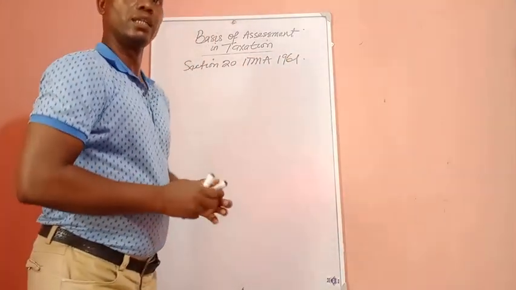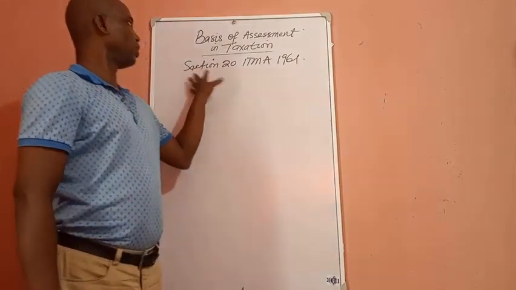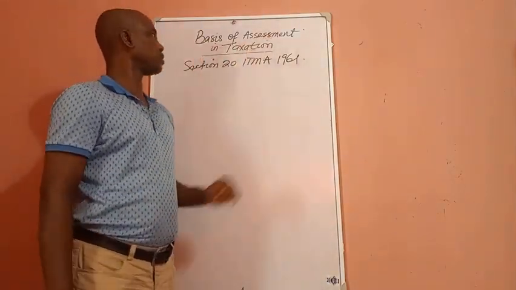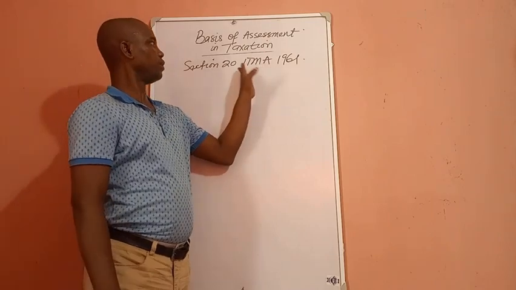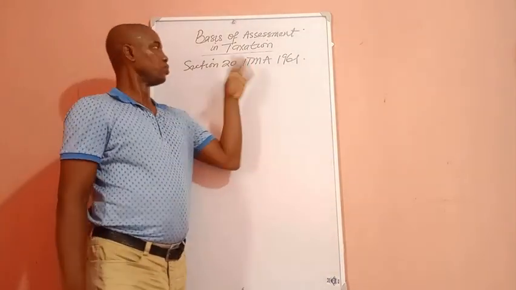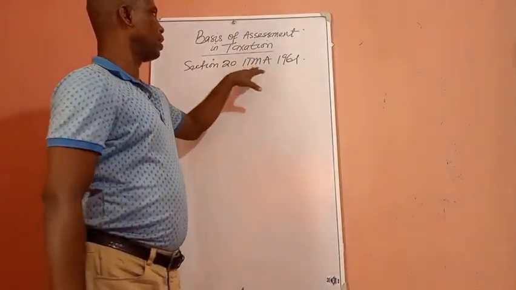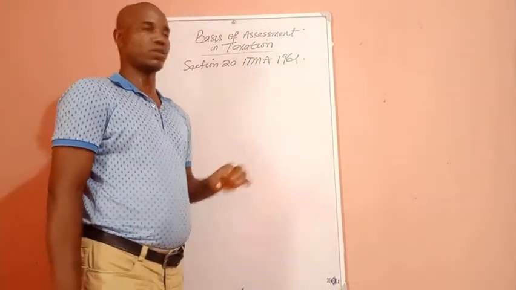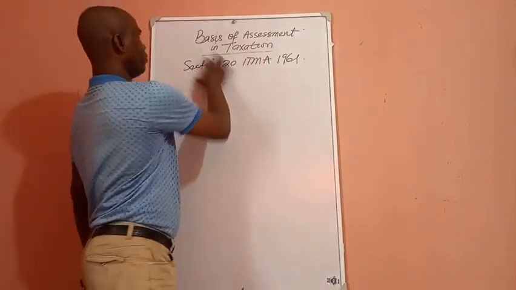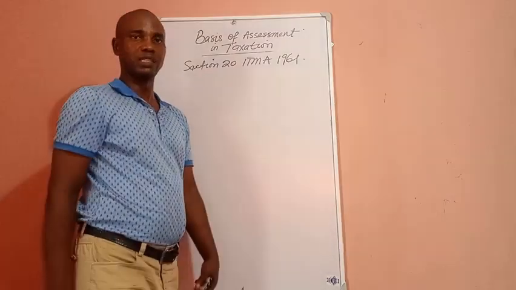This is where the tax authority established all the laws guiding basis of assessment. Section 20 of ICMA 1961. So what is ICMA? ICMA is Income Tax Management Act of 1961. That is where everything about basis of assessment is presented.